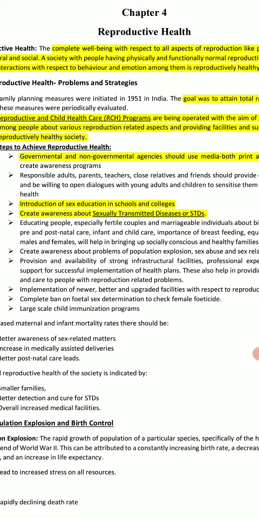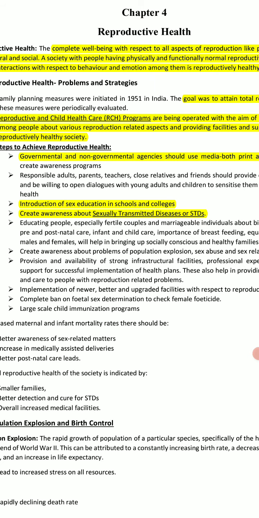Because if you don't have any idea about STDs properly, then you cannot take any precaution. First you should know about the STDs, then you can take precaution. That's why you should first create awareness about the STDs.